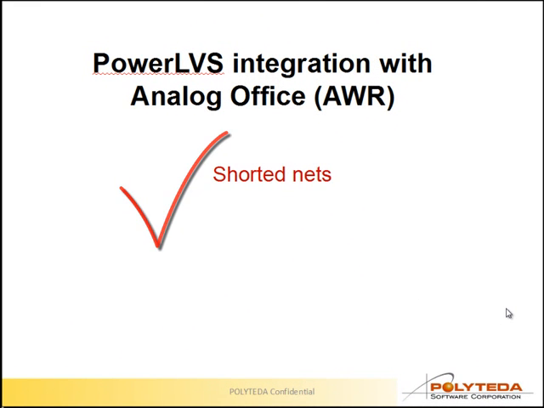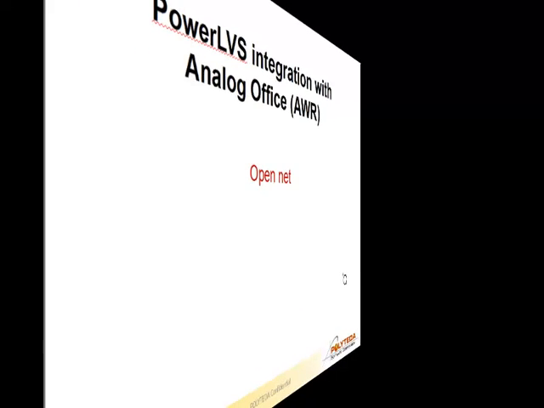So now you've seen how to navigate and fix shorted nets using PowerLVS and Analog Office.